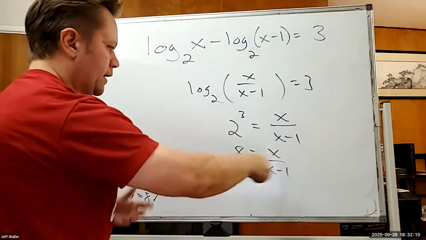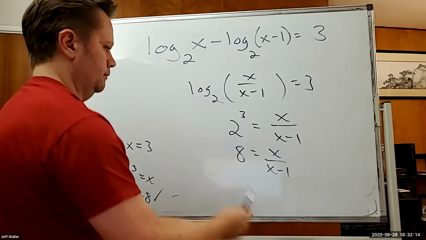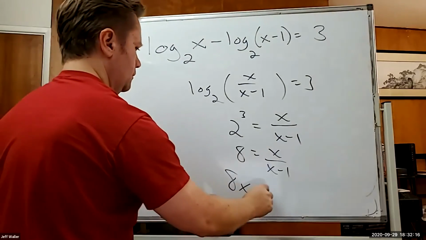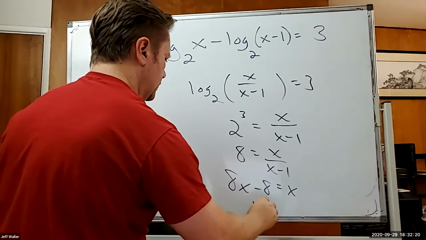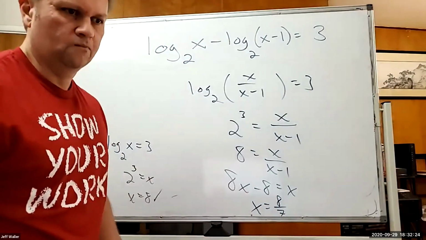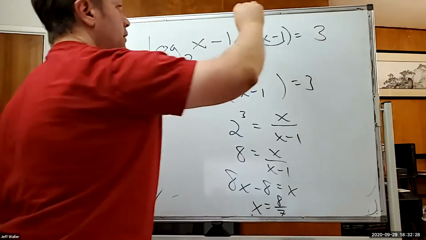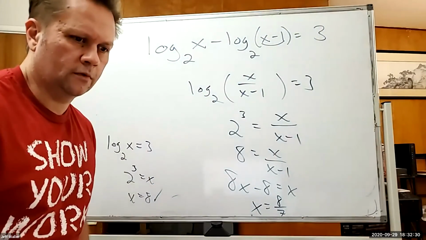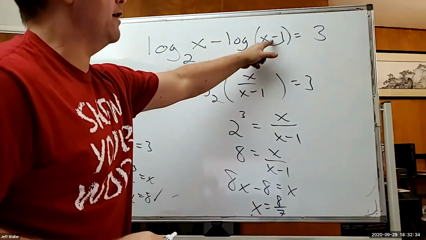And then how do I solve that? Multiply both sides by x minus 1. Subtract x, add 8. I get x equals 8 sevenths eventually, right? Running out of room. Why is that okay? What can't go inside of a logarithm? What kind of number must I have to put inside there?